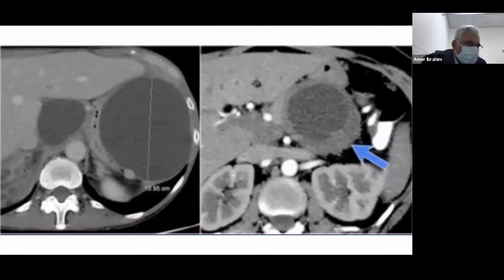So when we do a CT scan for any reason of symptoms in the abdomen, we may have a surprise: there is a lesion in the pancreas.